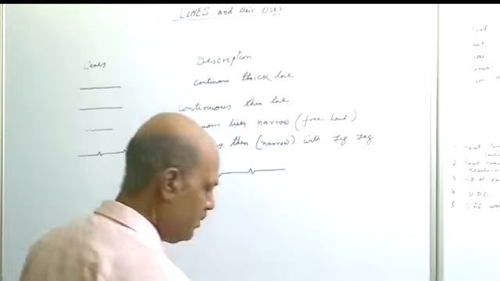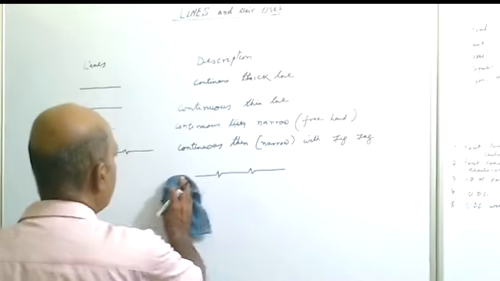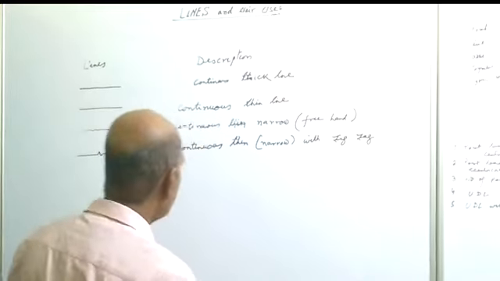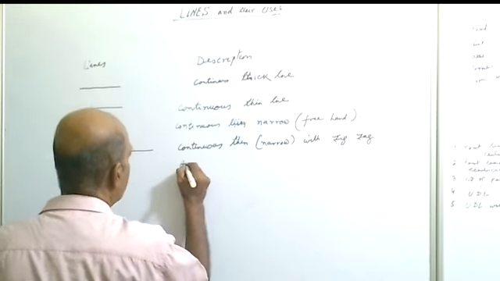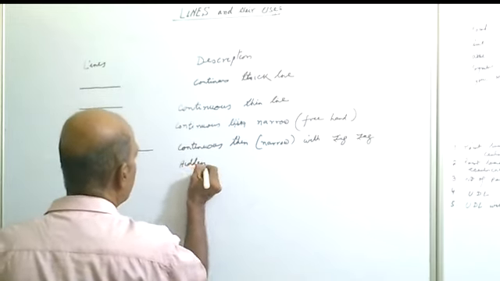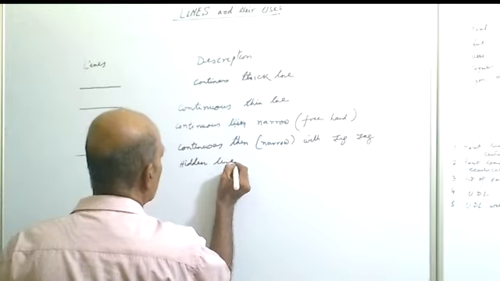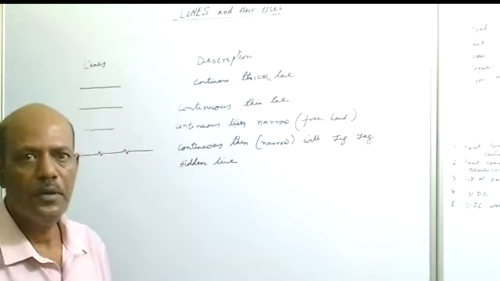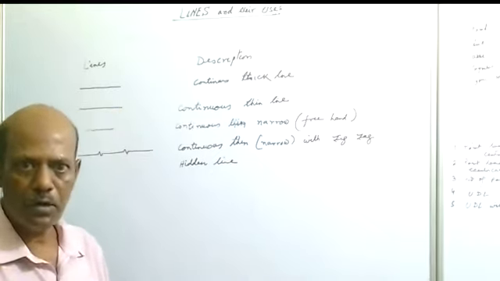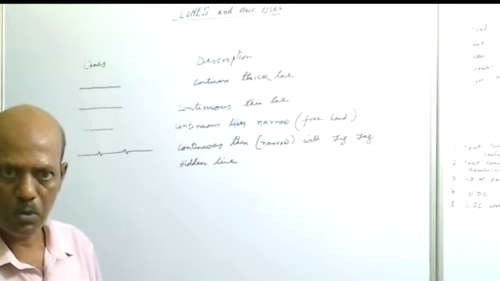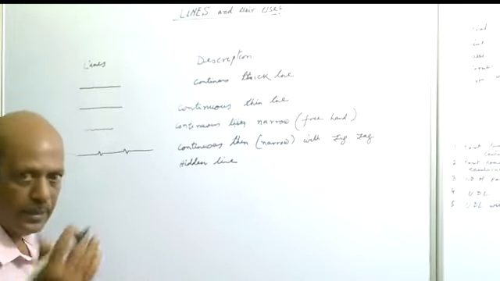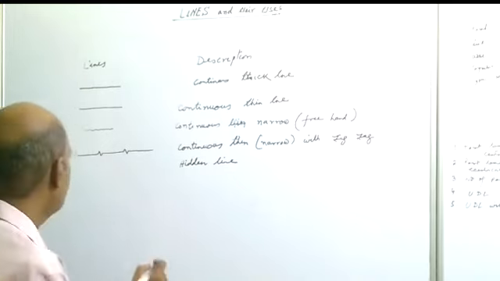Now the next line is the hidden line. If the edges are not visible, the hidden edges are shown by the hidden lines.